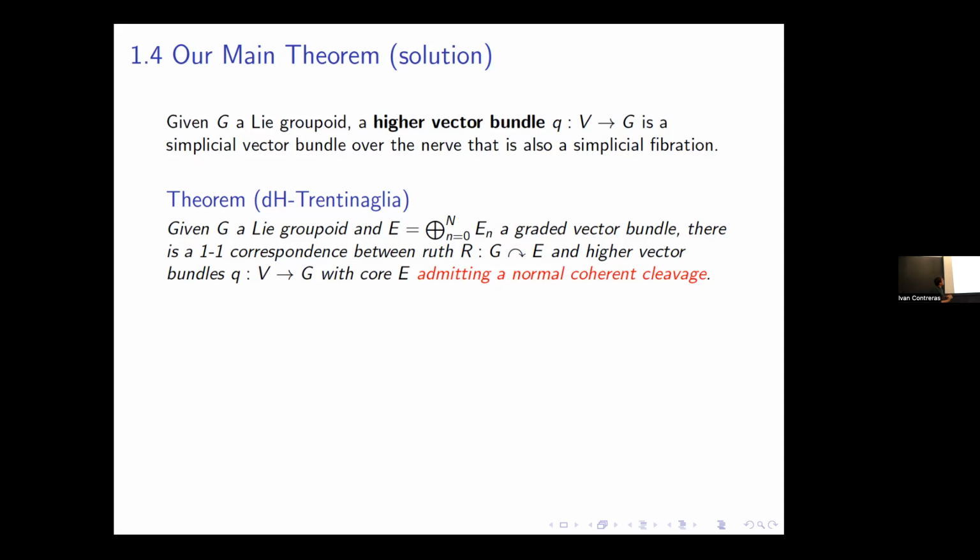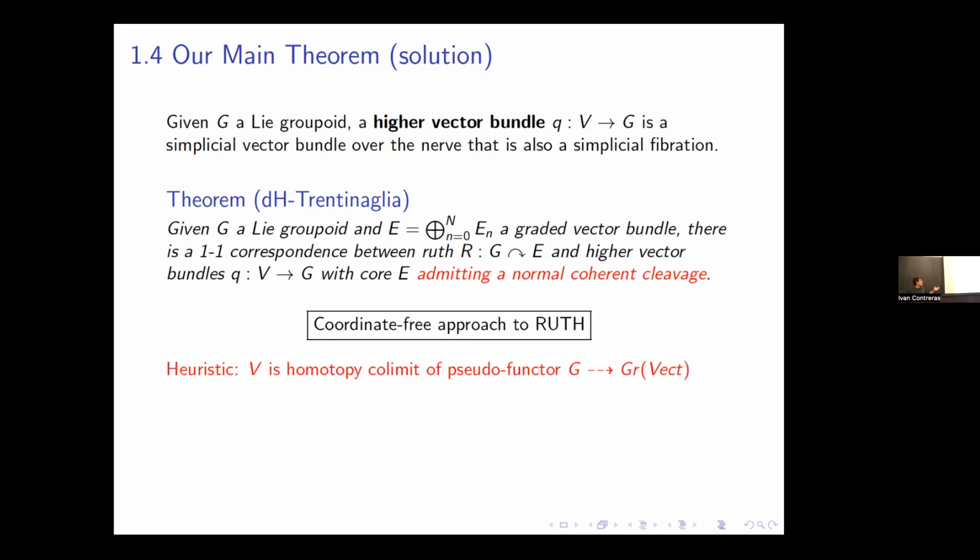You have a simplicial vector bundle over G, that is a groupoid. You can restrict it to the unit manifold, viewed as a constant simplicial object, and you will get a simplicial vector bundle over a manifold. And by Dold-Kan, this corresponds to a chain complex, and this is going to be the core, if you want. And this normal coherent cleavage is the whole key of the situation.